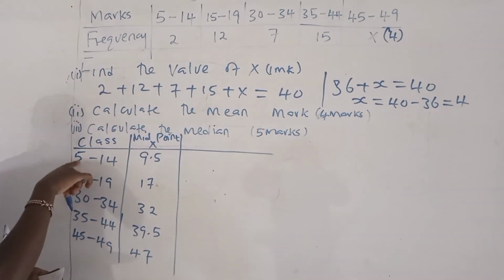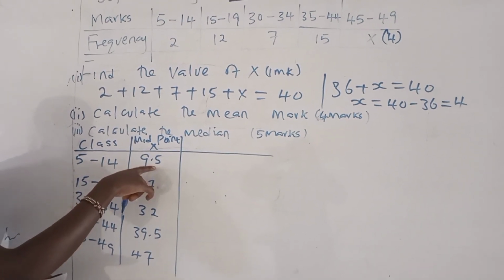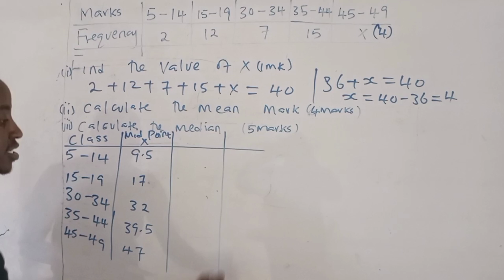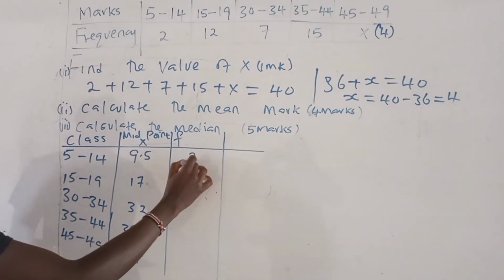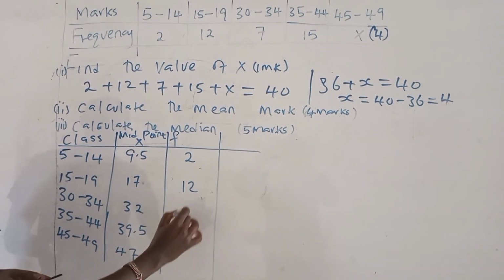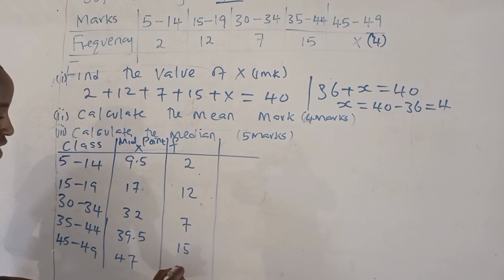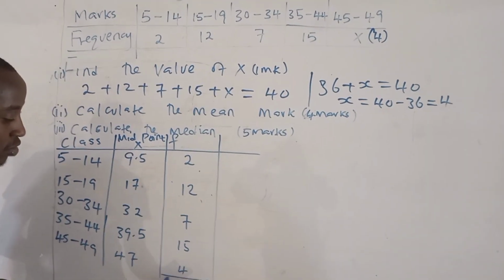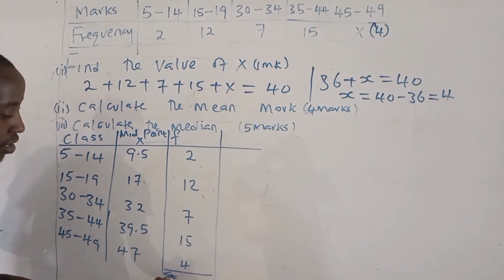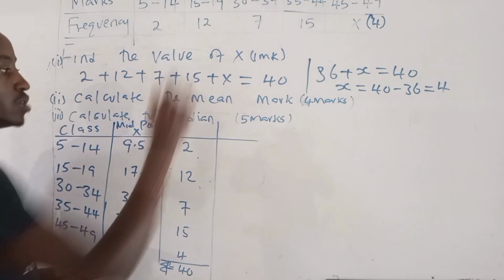So you add 5 plus 14, divide by 2, you get the midpoint. Then I have the frequency, f: 2, 12, 7, 15, and 4, the value we had for x. And these should sum up to 40, the total number of students.